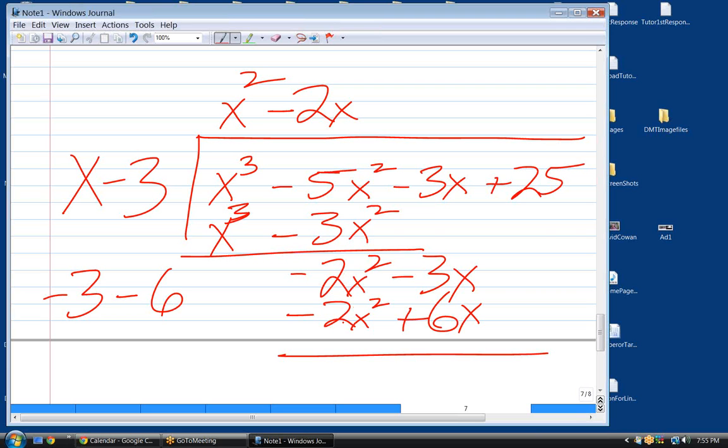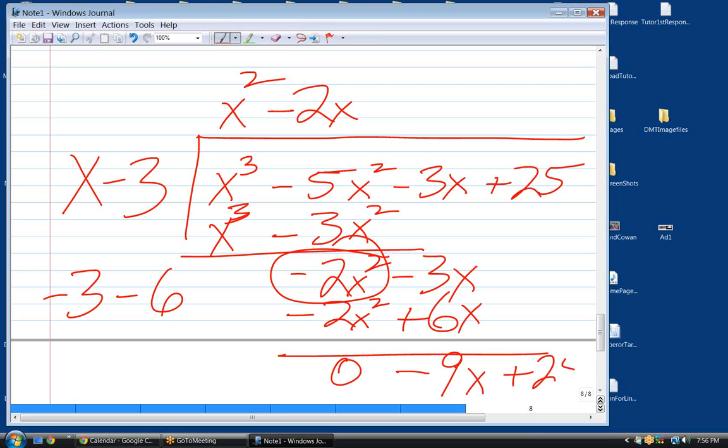We know this goes to 0 always. When I checked to see if minus 2x was correct, it was only because that times that equals that term. So I know that's always going to go to 0. This goes to minus 9x. I bring down the 25 and repeat again.